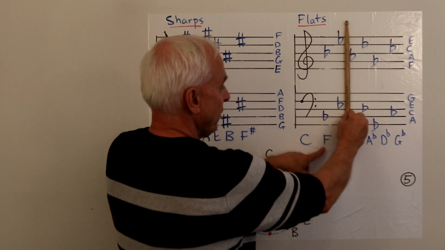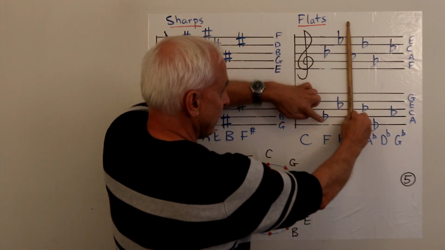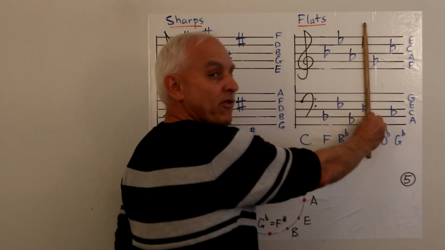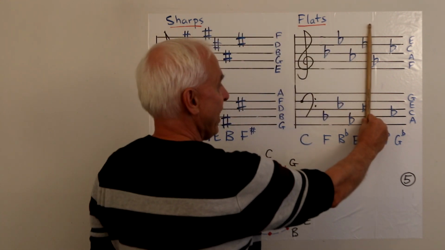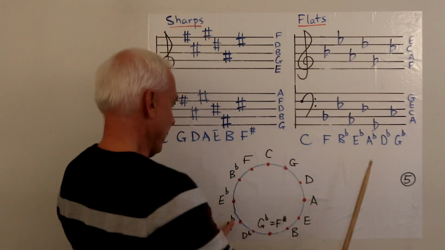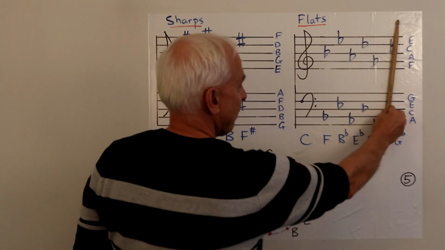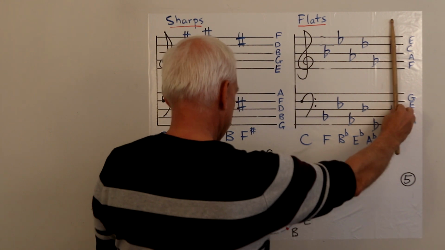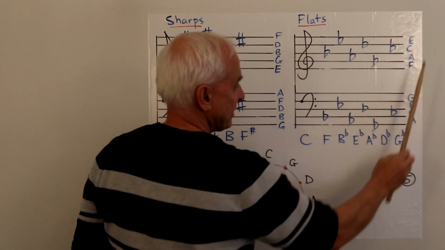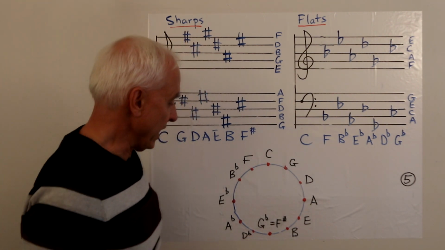Go one further, you're in the scale of B flat. 2 flats. 3 flats, Beethoven's perhaps favorite key, is E flat. 4 flats, that's A flat. We're going down here. 5 flats, that's D flat. And by the time we've gotten to 6 flats, we're again at G flat.